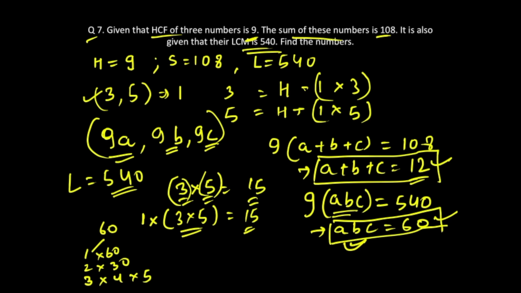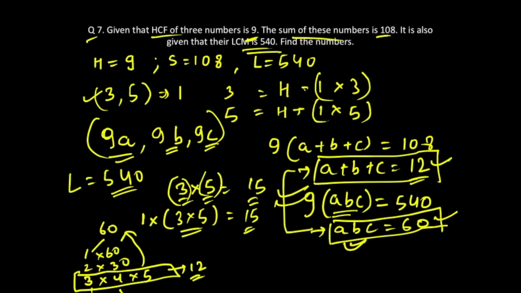We can do it further also, but have a look at this particular factorization of 60. 3 into 4 into 5 gives you 60. At the same time, the summation of 3, 4 and 5 gives you 12. So these two conditions are being met here. So now we know that the values of A, B and C are 3, 4 and 5.